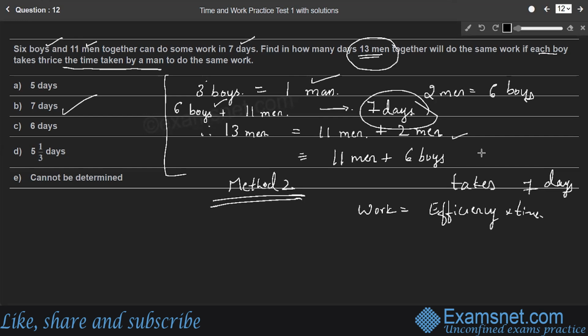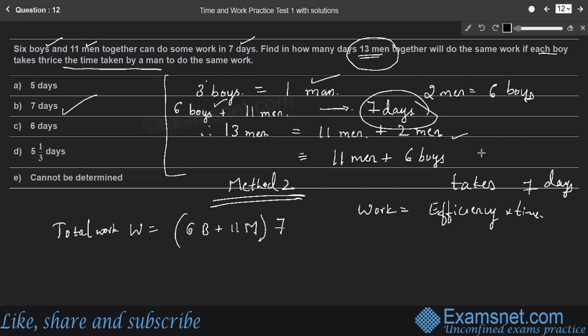They'll take 7 days. If you consider W as the total work, 6b plus 11m will take 7 days. Therefore, the total work W is equal to 6b plus 11m into 7.